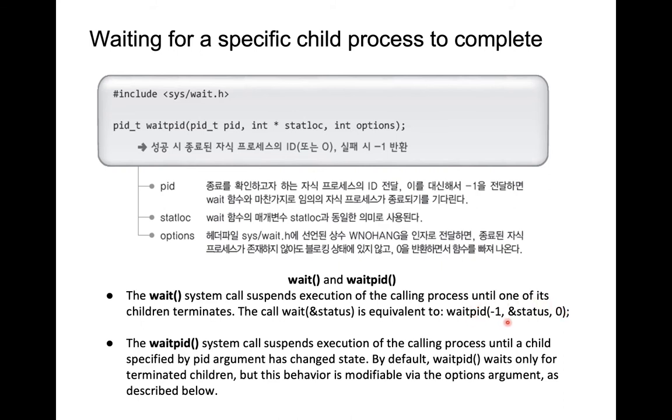Actually, the waitpid syntax is like this. The waitpid requires the PID of the process, because this waitpid system call suspends execution of the calling process until a child specified by the PID argument has changed state, which means that you have to put the ID of the process that you want to wait for. By default, waitpid waits only for the terminated child.